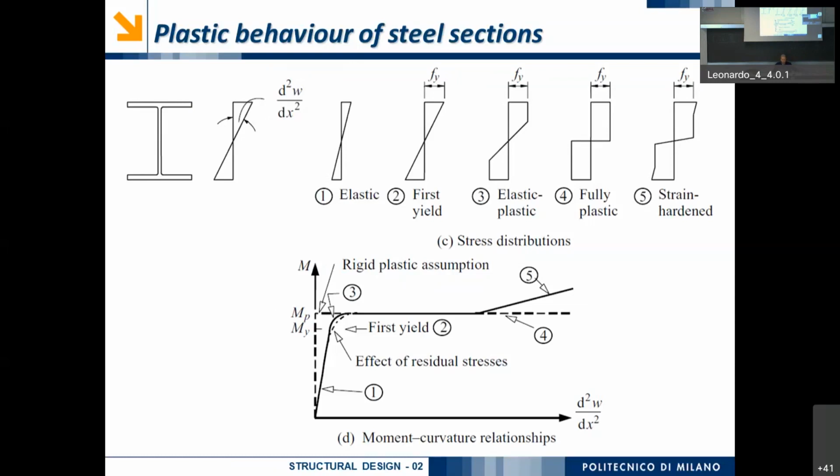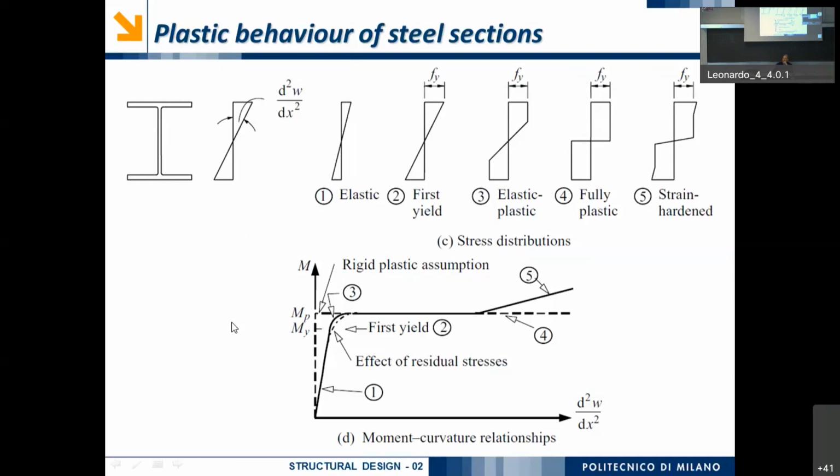Okay. So, we are talking about the behavior of the rectangular cross-section. But of course, if we are dealing with the behavior of an I-beam, basically it is the same.